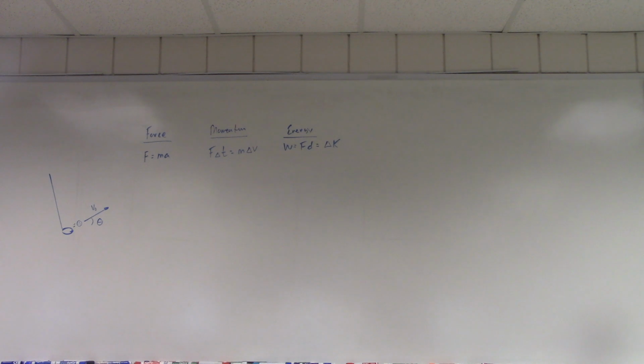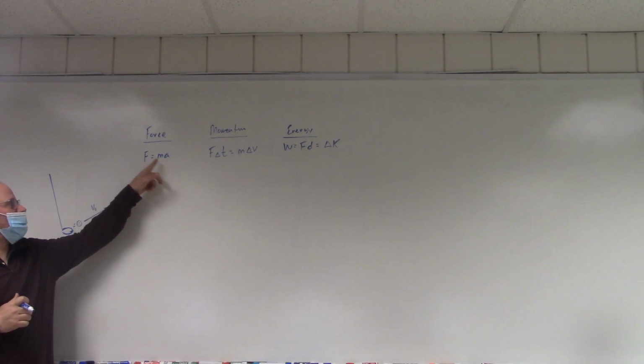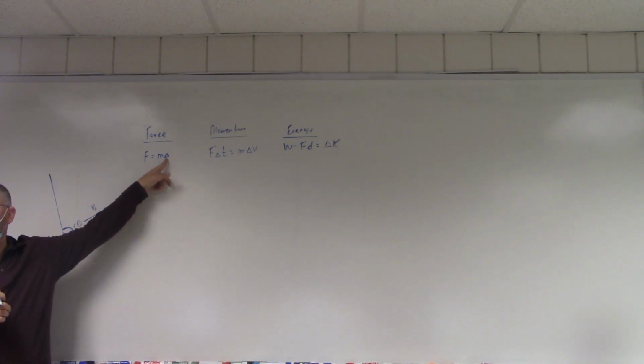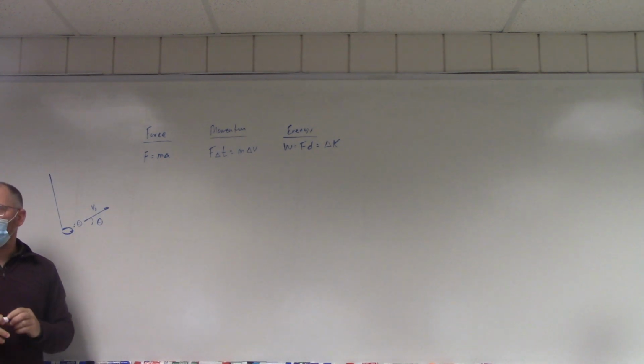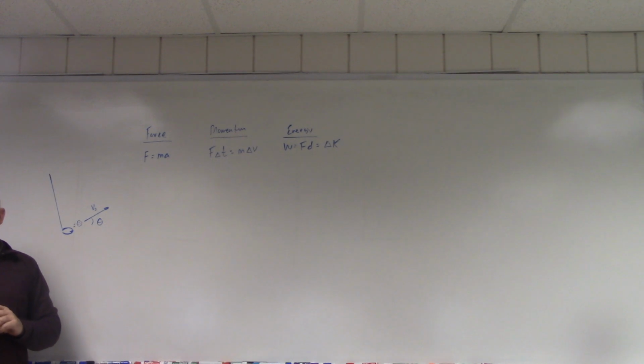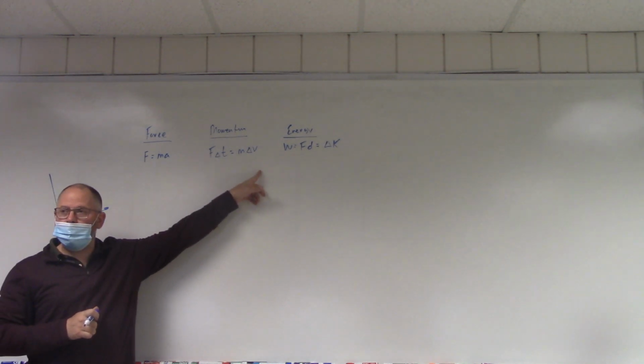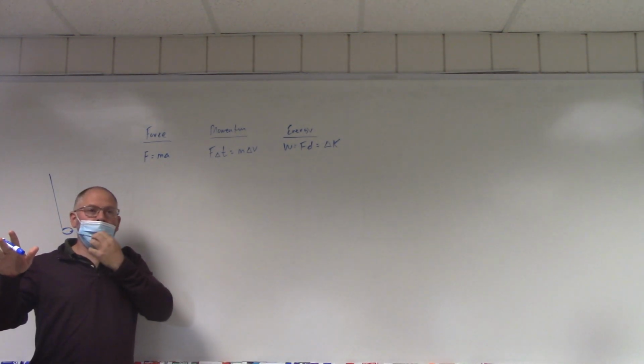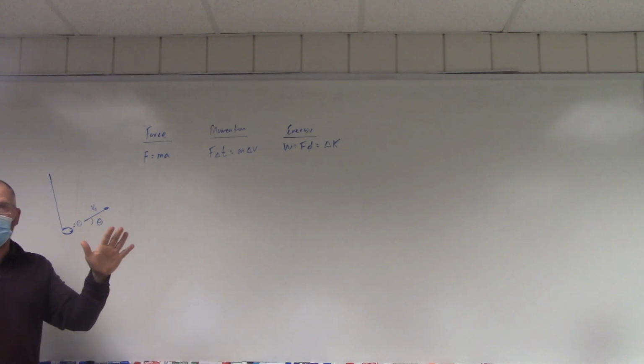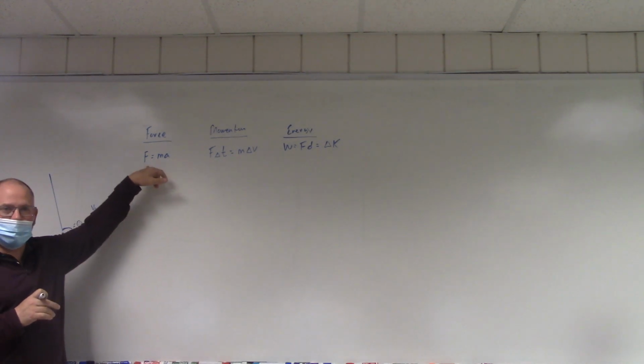Go ahead. Could you use the force one on the left? You could. In order to know this force, you would have to know the mass and the acceleration. Do you know these two? Well, you know the mass, and you know the acceleration is just velocity over time. So isn't that this one then? Well, that's true. What Anthony points out is that you would need two steps to do this one.